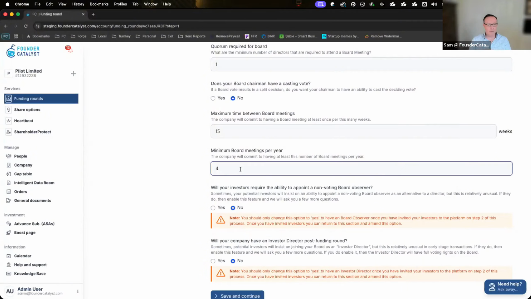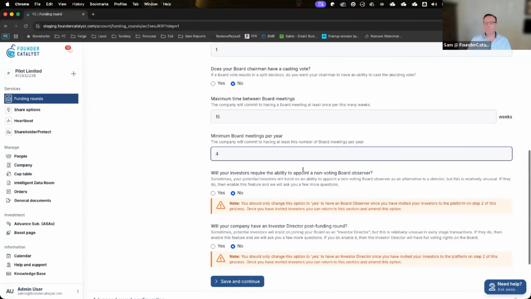That is not the intention that investors would imagine. So by having both of these parameters, a maximum time between board meetings and a minimum per year, they can be certain that there will be a minimum of 4 per year, and there'll be a maximum gap of 15 weeks between those. So it's just sensible parameters to make sure that those board meetings are happening at a relatively regular cadence.